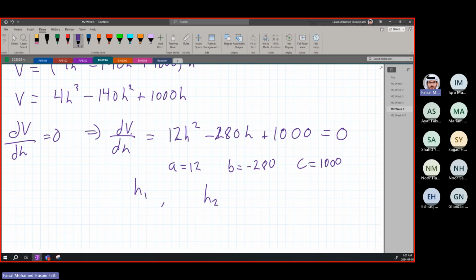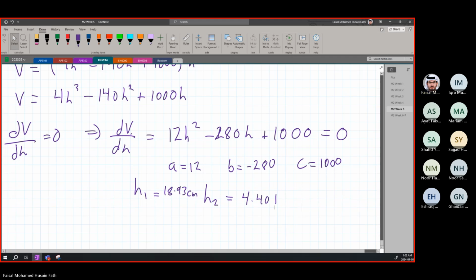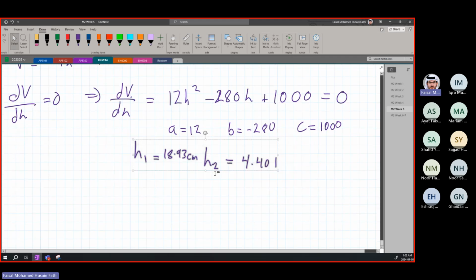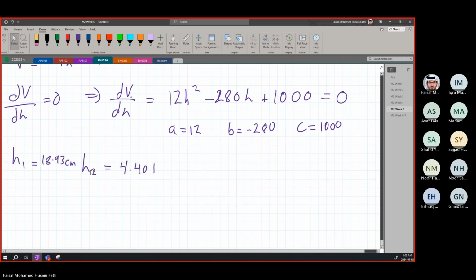H1 is equal to 18.93 centimeters. Again, make sure you are using the same units that you started with. We were given everything in centimeters, so we're solving in centimeters. And H2 is also positive, 4.401.